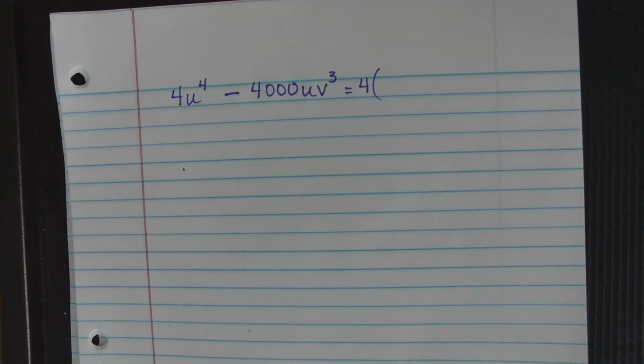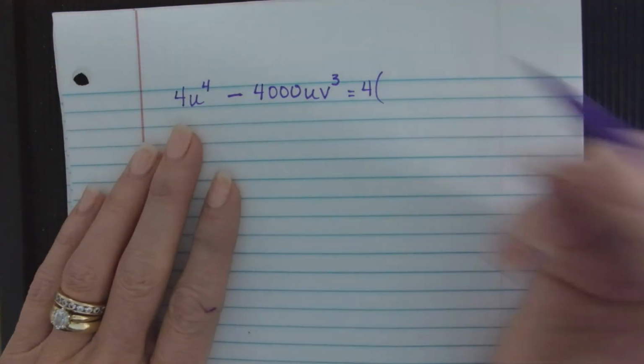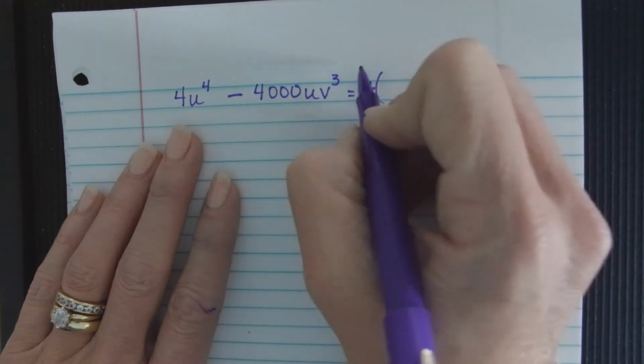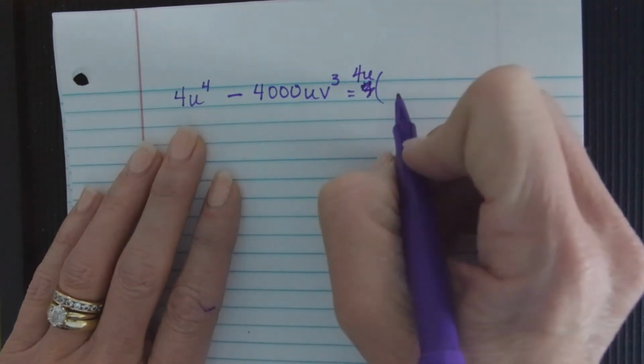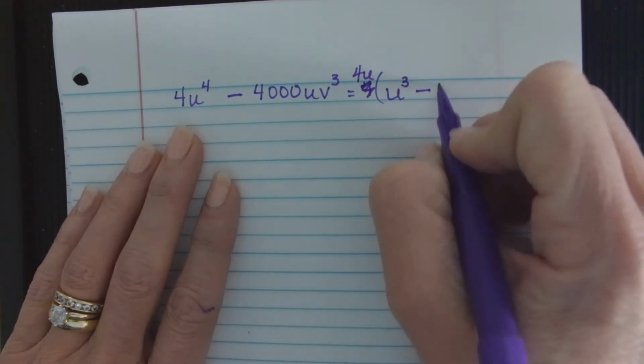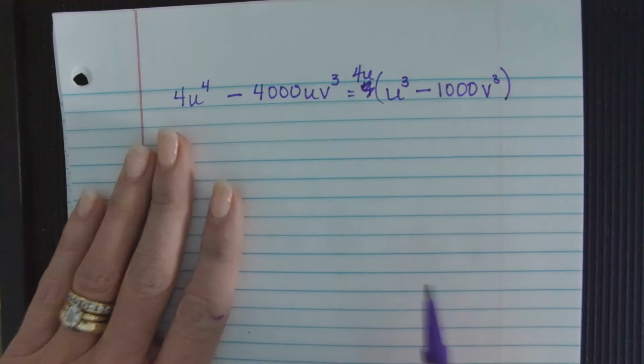All right, guys, look quickly. I have like 2 minutes. Here's one, they have factored out the 4u, right? Yes. So what's left is u to the third minus 1,000v cubed.